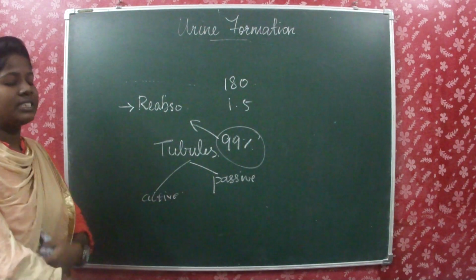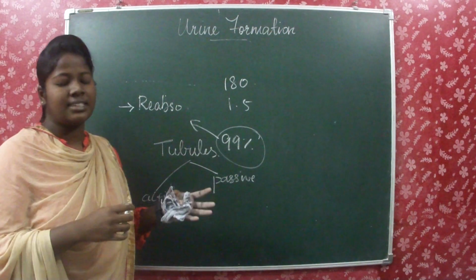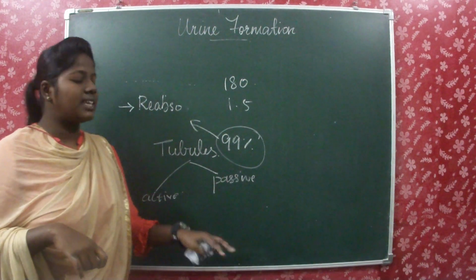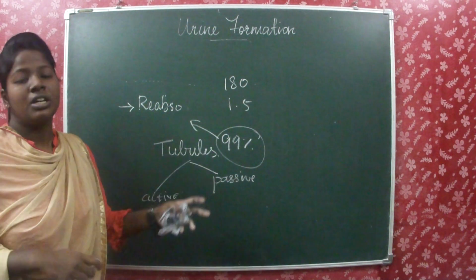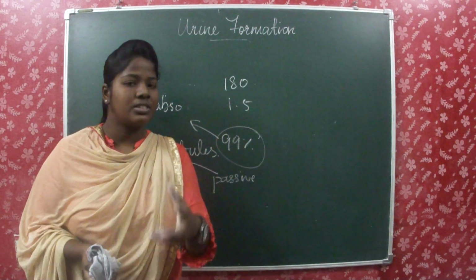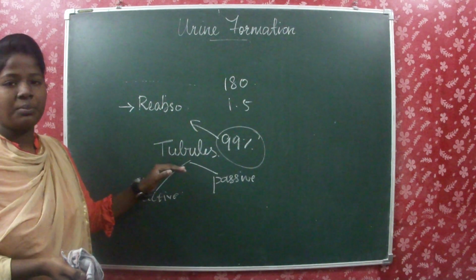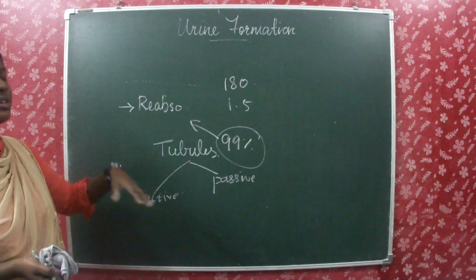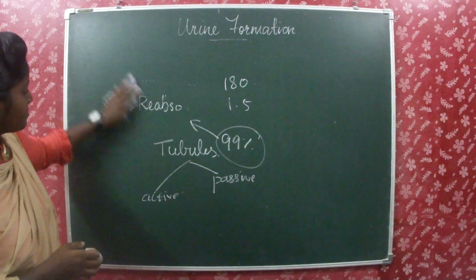For example, glucose and amino acids are reabsorbed actively, whereas nitrogenous wastes are absorbed passively by the tubules. The reabsorption of water also takes place passively, but only in the initial segment of the nephron.